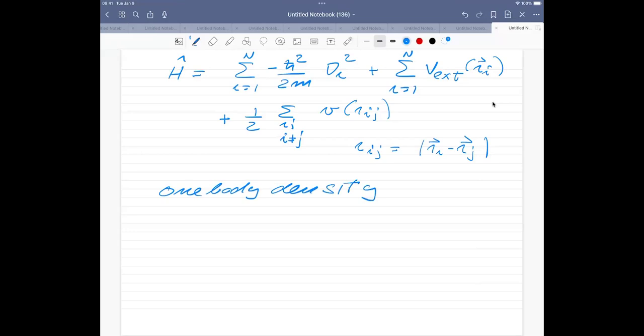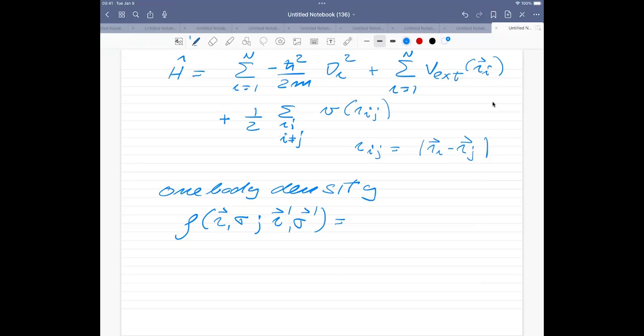When we looked at this in the configuration interaction or the coordinate space representation, we would have a single-particle state at position r, and then we have a spin sigma, and then we have a position r prime and a spin sigma prime.